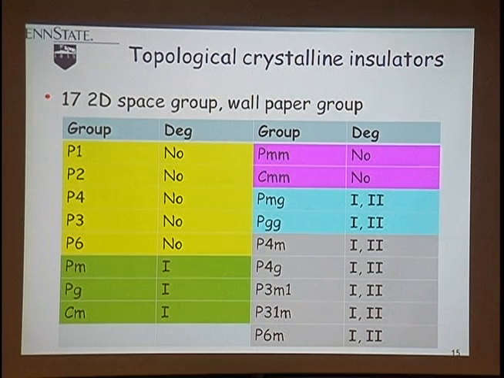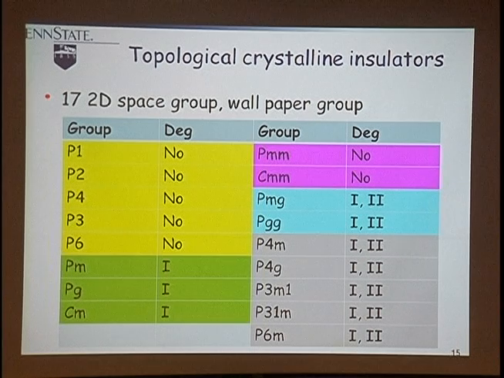And here is a table which shows which types of two-dimensional space groups can have non-trivial surface states. For P1 and P2, because they are abelian groups, there is no surface state. Actually, it is impossible to have a surface state. For PM, PG and CM, these three groups, one can find what we call type 1, basically something like the mirror topological insulator.